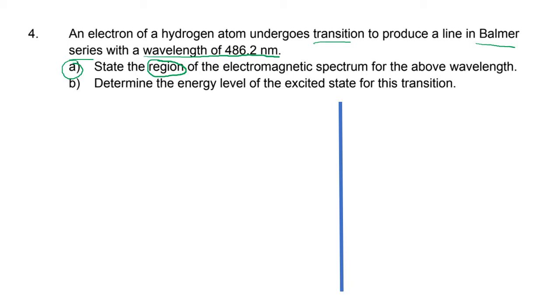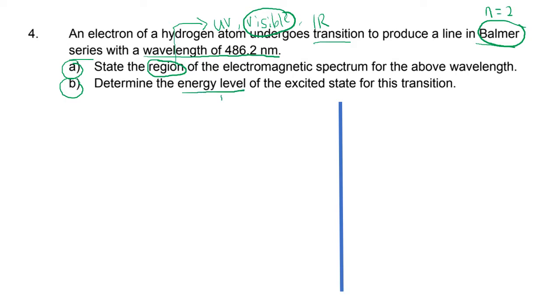When the question asks about the region, we have 3 possible answers: ultraviolet, visible, or infrared. Okay, so Balmer series means the electron will drop to n equal to 2, which is referred to as the visible region. Number B, determine the energy level.